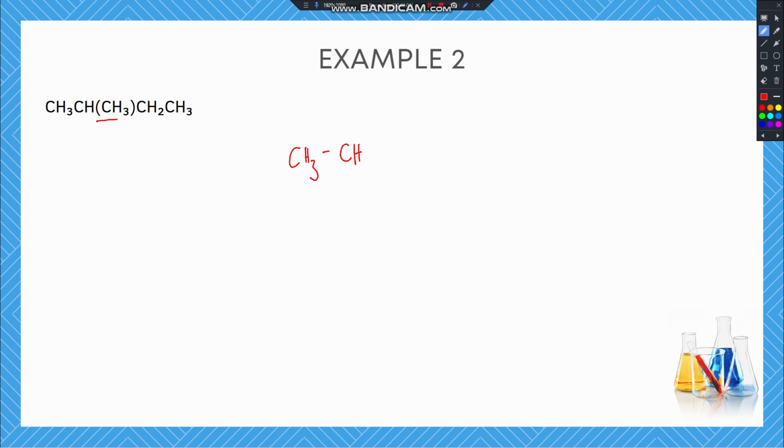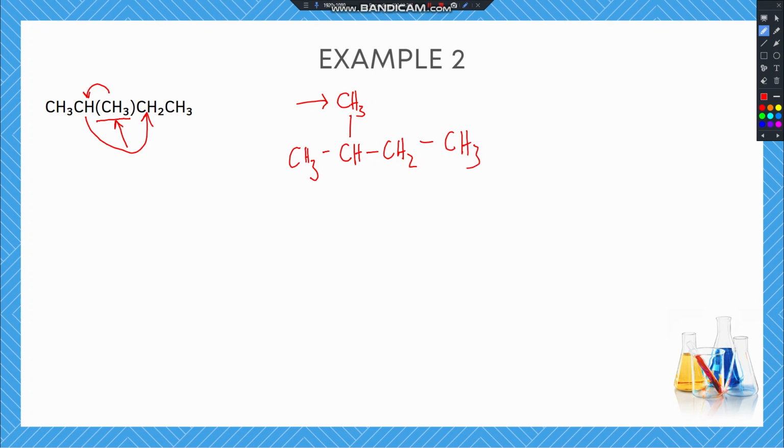Remember, we can see this bracket which contains a CH3 and it is connected to this CH. So this CH is bonded to CH3, which is what I just identified over here. This CH is now bonded to CH2, and then CH2 is bonded to CH3. This is what the structure looks like.